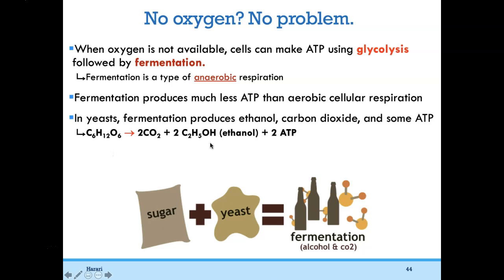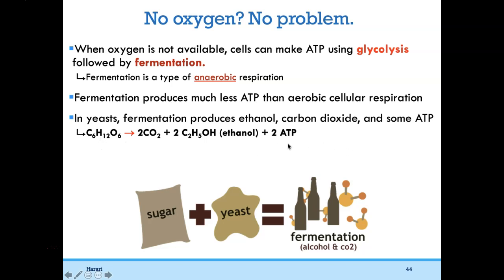And as a result, they make ethanol, which is alcohol. That's why beer is alcoholic. And they make CO2, carbon dioxide. That's why beer is carbonated. So when you think about fermentation, think about beer, right? It's carbonated, it's alcoholic, and it was made using maltose, malted sugar.